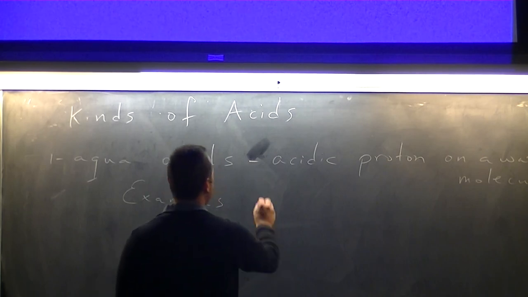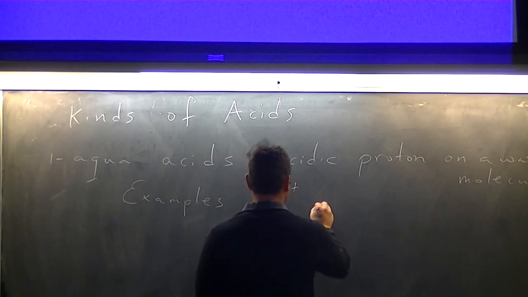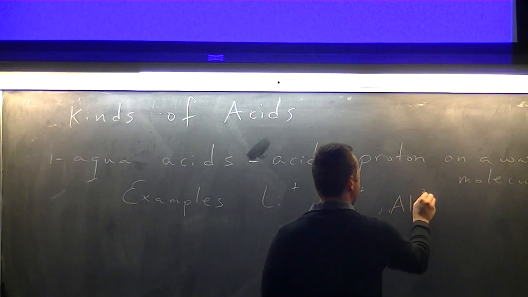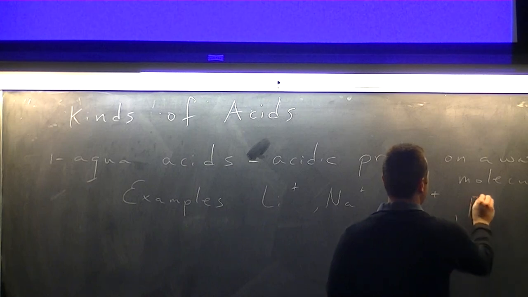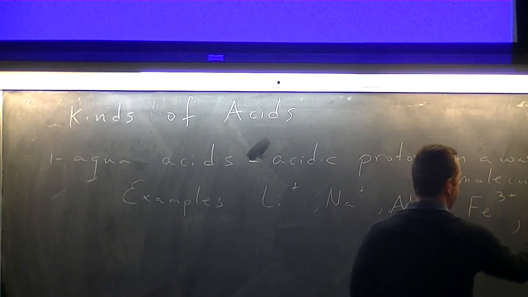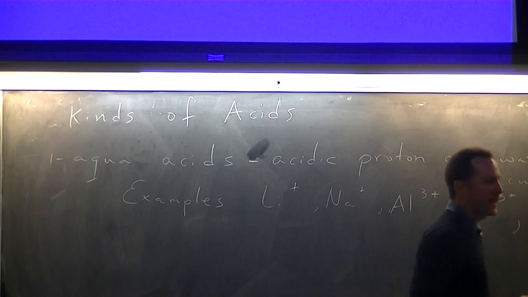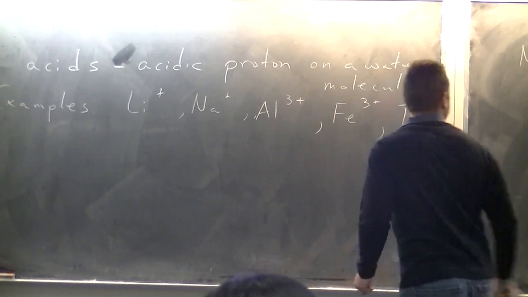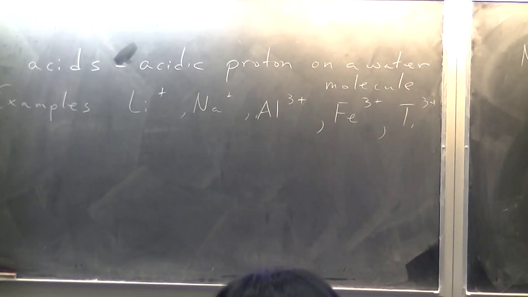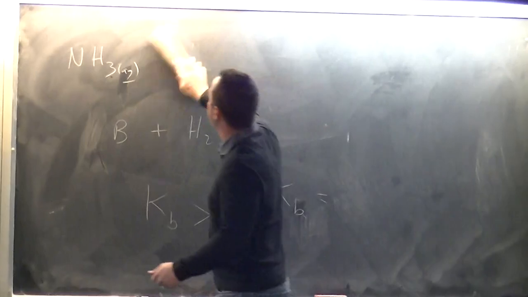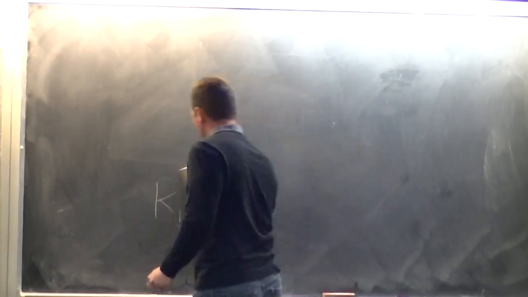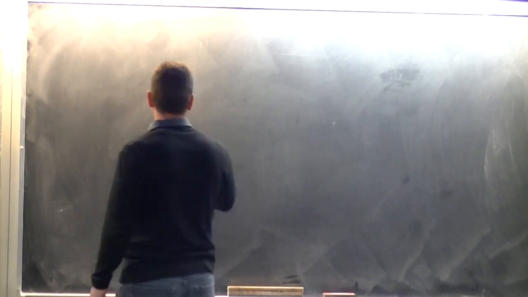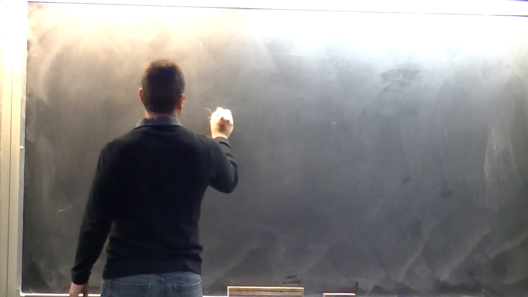For example, lithium, sodium, aluminum, iron, titanium. They can all act as aqua acids. And basically, the reason for that, let's take any of these, iron 3.